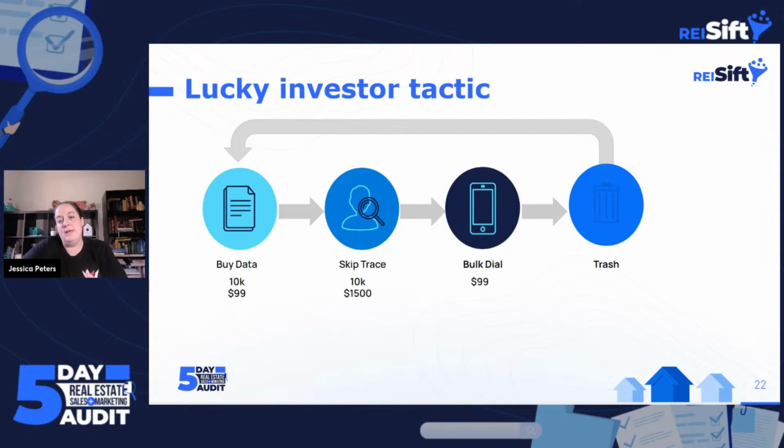You're going to dial through, and then you're going to trash it. Then the next month, let's say it takes you a month to dial through these records, you're going to do the same process again: buy more records, skip trace it, bulk dial it, trash it. What we're hoping is that, between dialing all these records, we're going to generate leads.